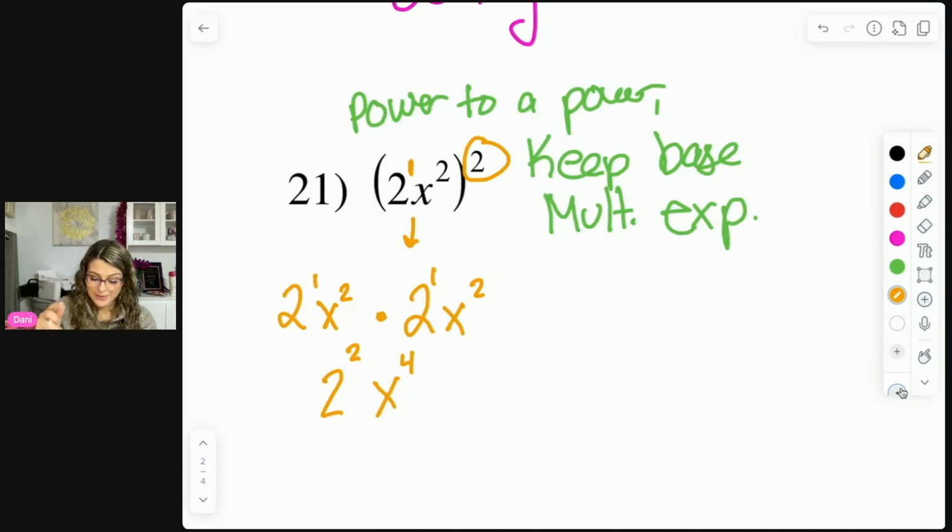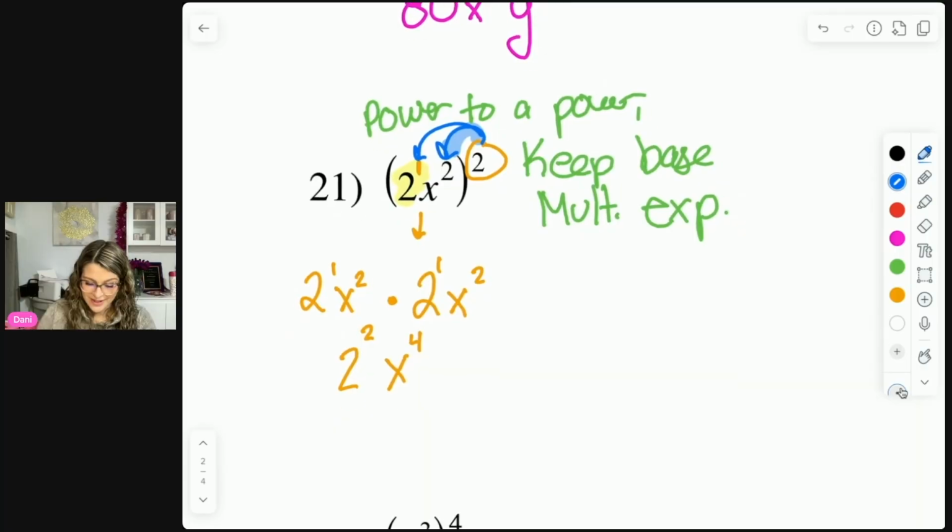Okay, so a lot of times students will write 2x to the fourth, and it's like, no, don't forget about this cutie. Both pieces have to have that exponent multiplying the exponents. Okay, so very common mistake.